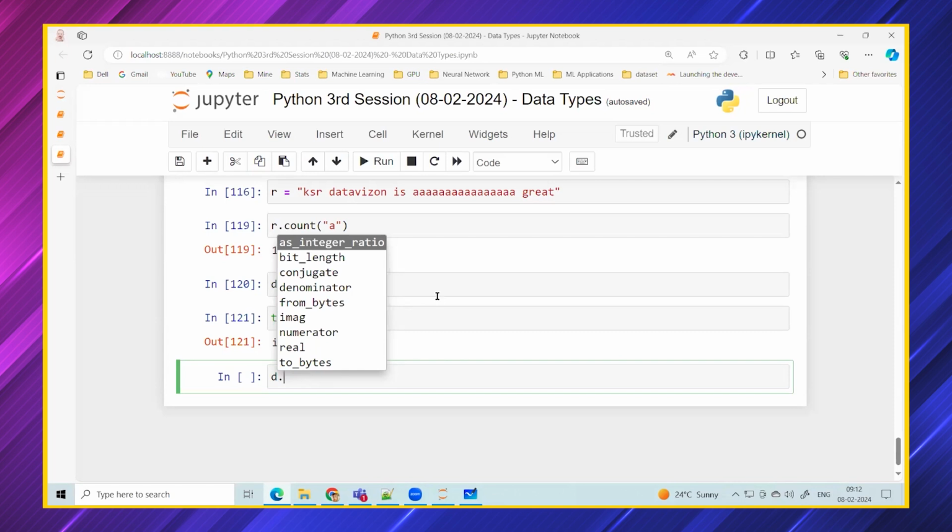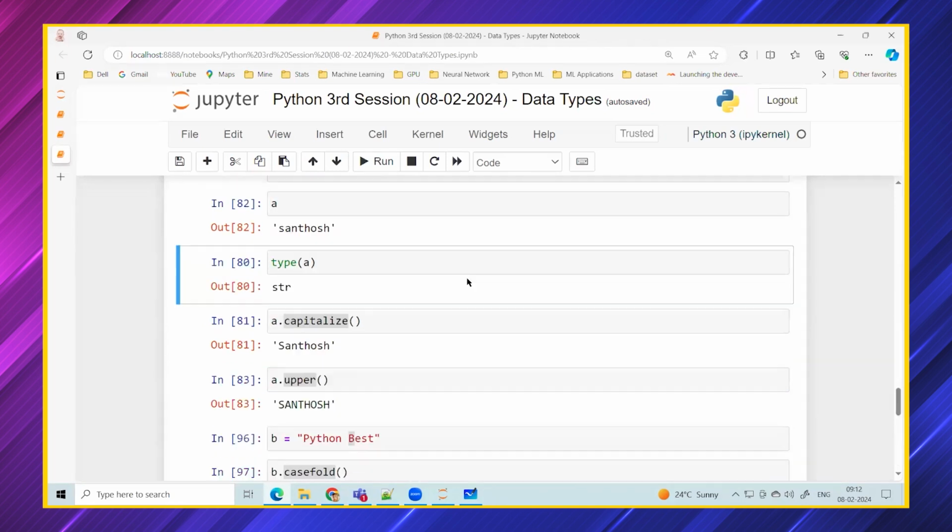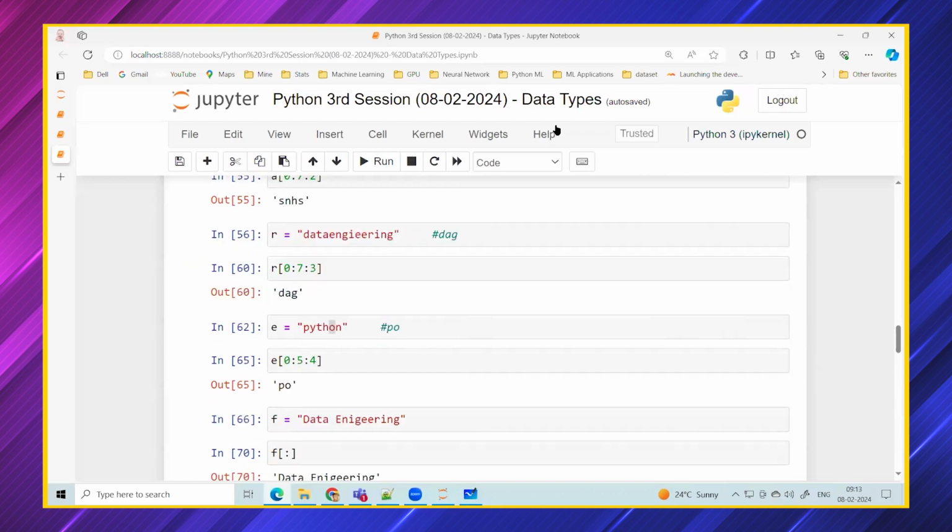Yes, Santhosh. In a string, suppose we have to step by 1 for one word, and another time we have to step by 2. How can we do that in a single go?